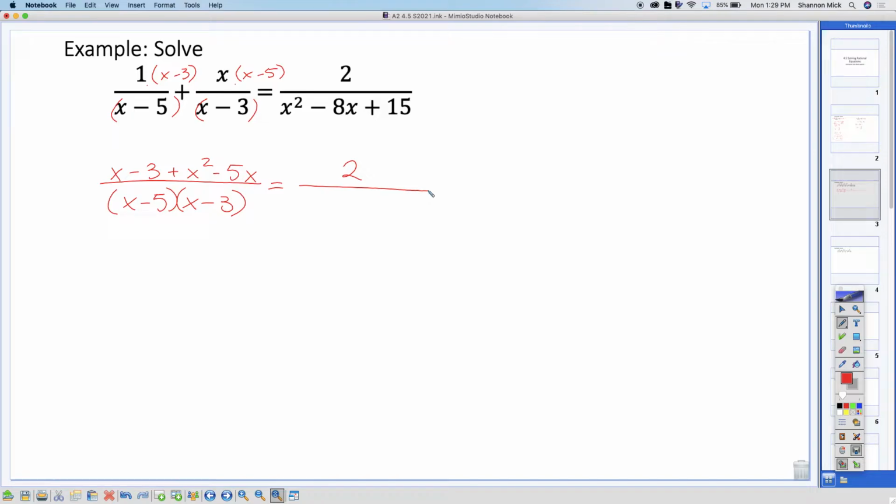Well, this numerator, what would be x squared minus 4x minus 3? So I should check if I could factor that, if I could reduce, shouldn't I? But factors of 3 do not have a difference of 4, do they? Wait, where'd you get the 4x? Because I have x minus 5x.